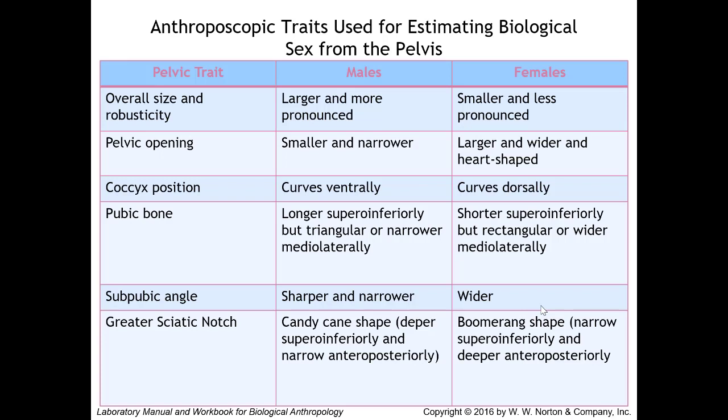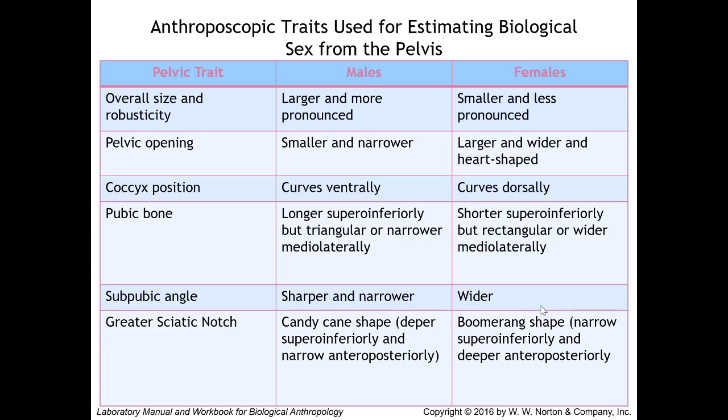The subpubic angle is sharper and narrower in males, but wider in females. And then the greater sciatic notch is candy cane shaped in males, so it's deeper supero-inferiorly, and then narrower antero-posteriorly, and then boomerang shaped in females. So it is narrow supero-inferiorly, and then deeper antero-posteriorly.